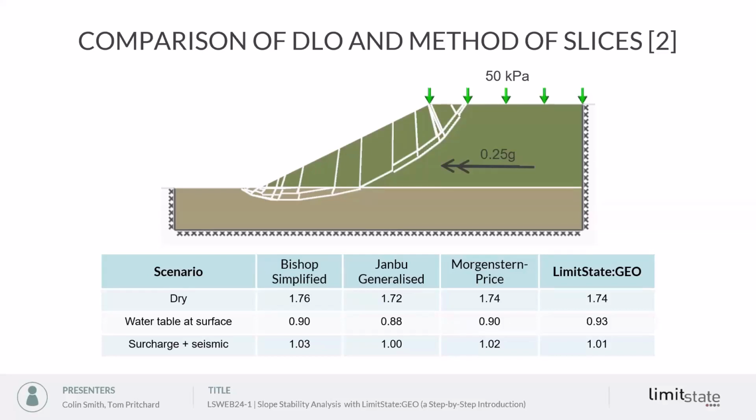You can see that effectively the solutions are all very close. So for simple problems, the slope stability software and LimitState GEO are going to give the same answers, but where you've got more complicated geometries, the LimitState GEO software gives you a much greater degree of power to pick out the critical collapse mechanism.